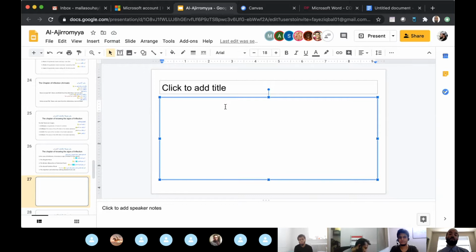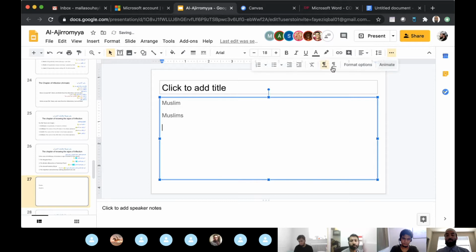In English, we don't have that dual form, right? So for example, in English, you have Muslim, and then you will have Muslims, right? There's nothing in between. In Arabic, it becomes very interesting. So you have al-Muslim.